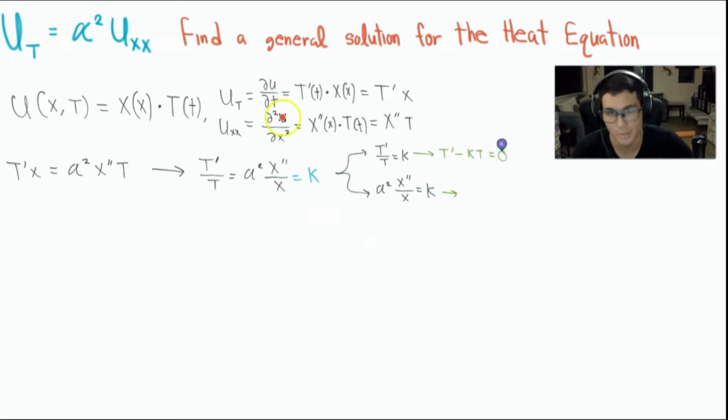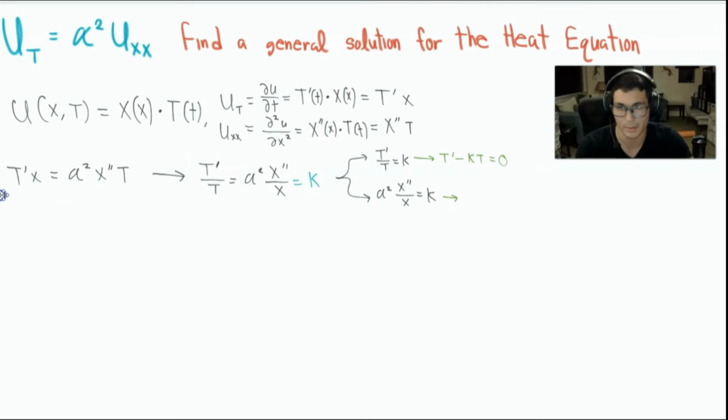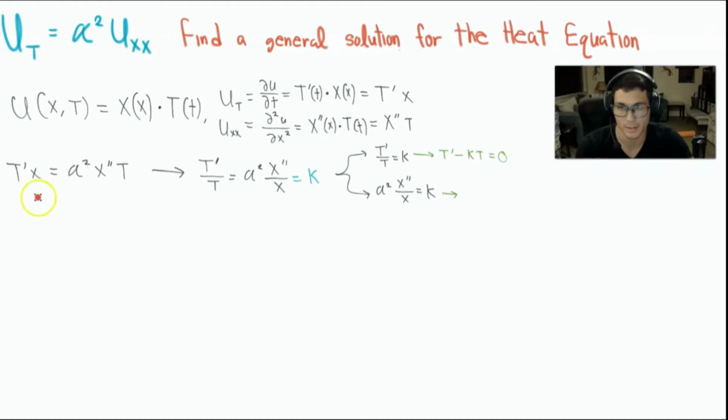So originally I had one differential equation with two independent variables. I made it separable, but now I have two ordinary differential equations with obviously only one independent variable. And they're both homogeneous, which is pretty nice.